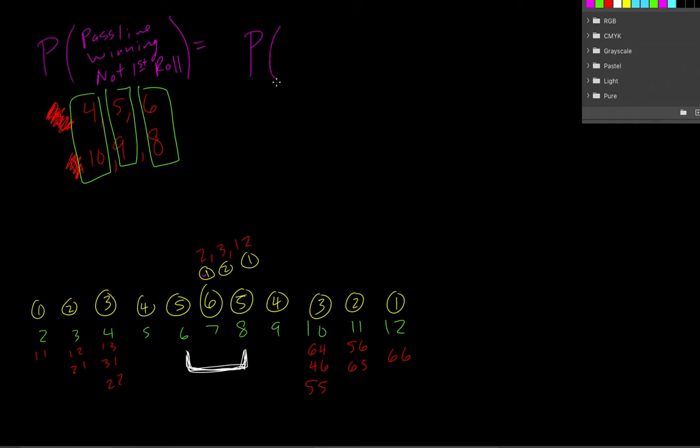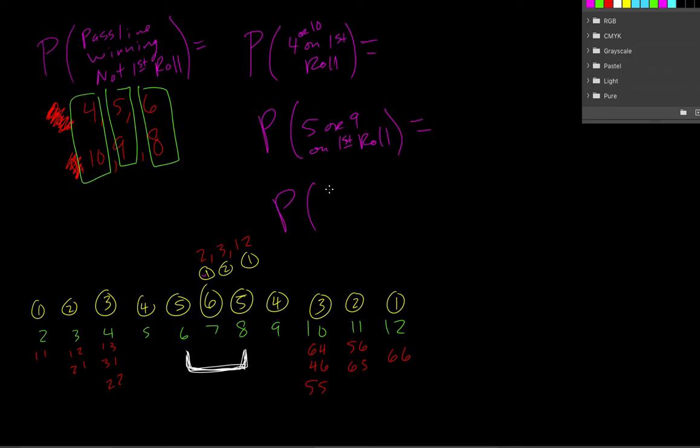So the probability of 4 or 10 on first roll, the probability of 5 or 9 on first roll, and the probability of 6 or 8 on first roll.